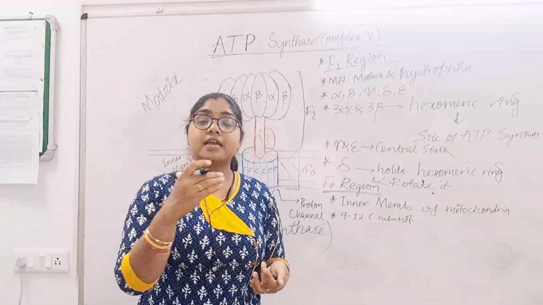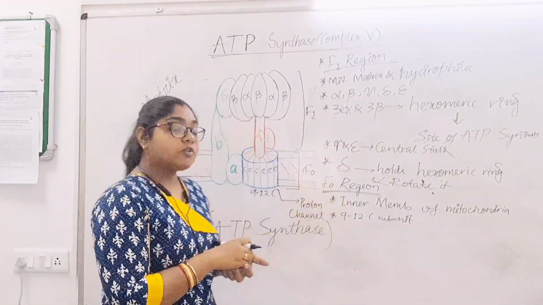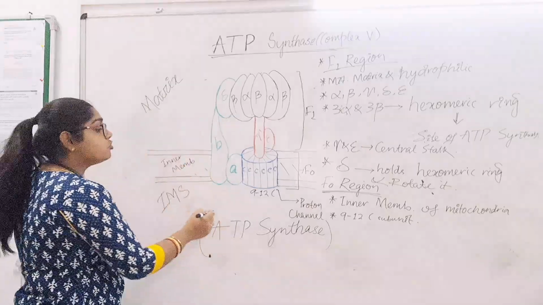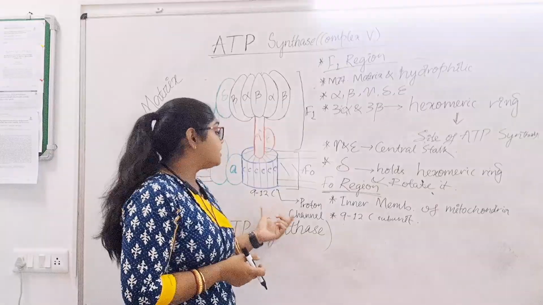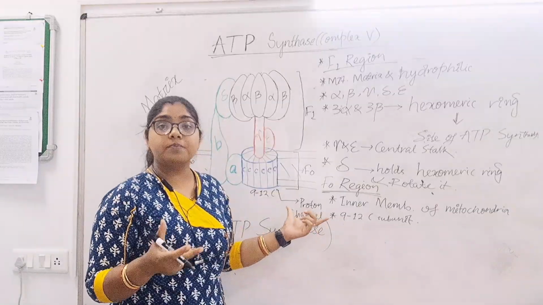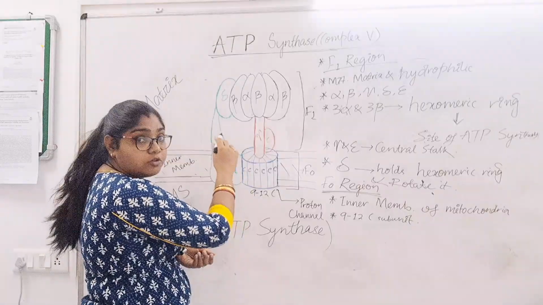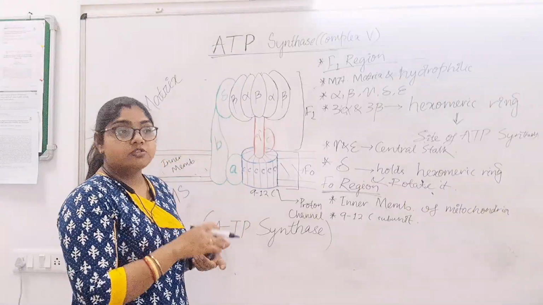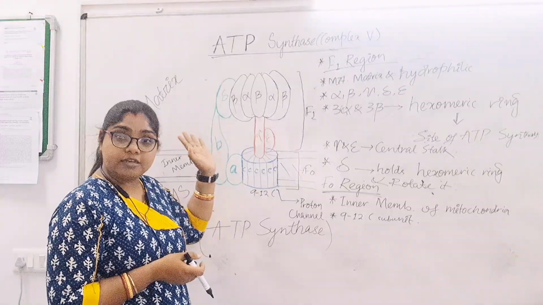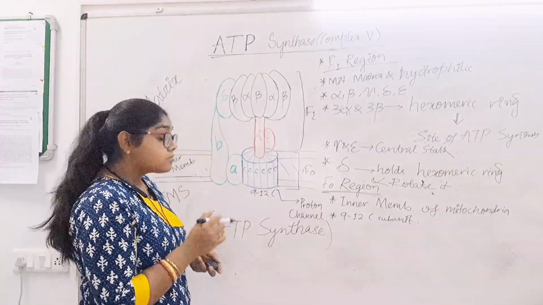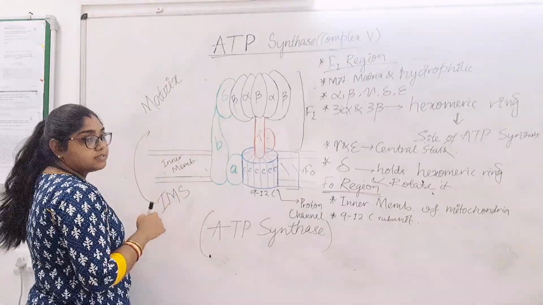To neutralize the conditions, some protons flow back to the matrix from the intermembrane space through this channel. Here it transfers protons from the intermembrane space to the matrix.